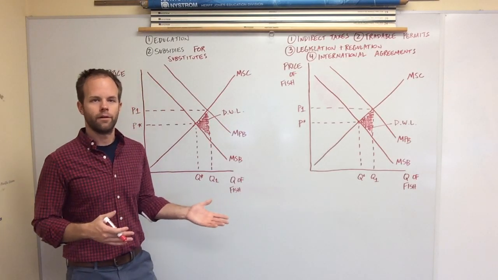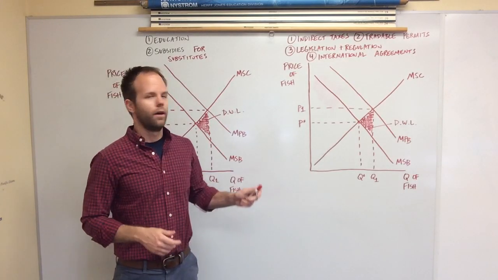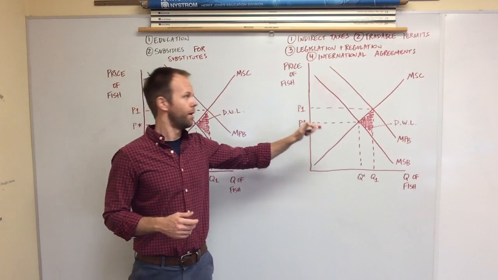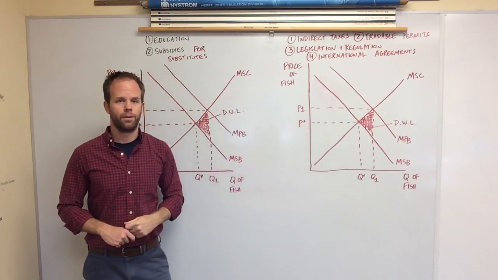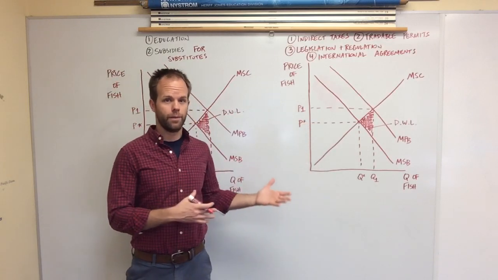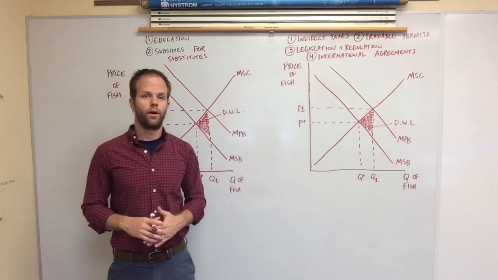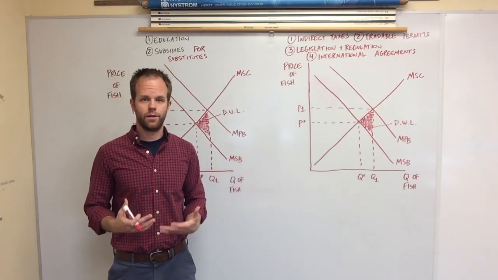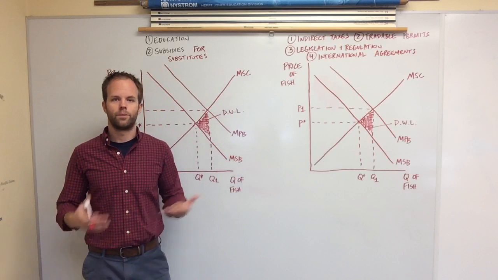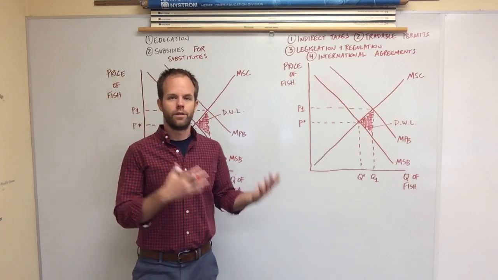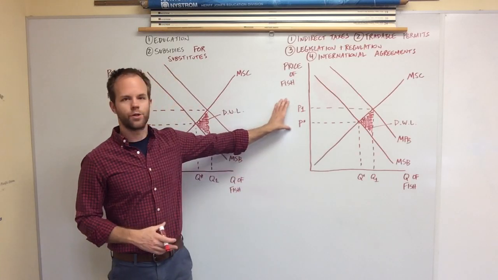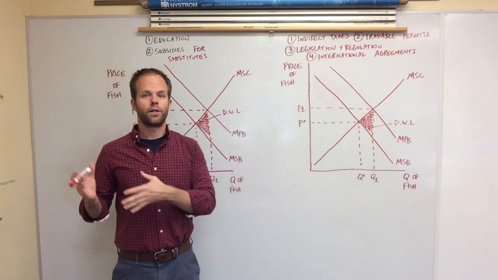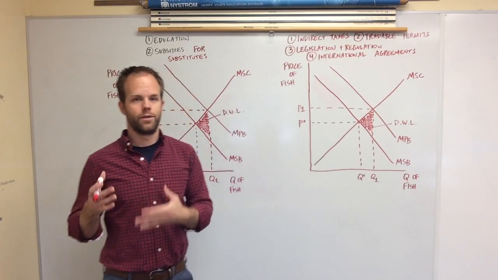Obviously, the other market force that we're considering here, that we're going to draw on this diagram, is how to show a decrease in supply. A decrease in supply, of course, as we know, drives up prices, and through the law of demand, as the price increases, the quantity demanded decreases. That's essentially what we're going to show here, just on an externality graph instead.